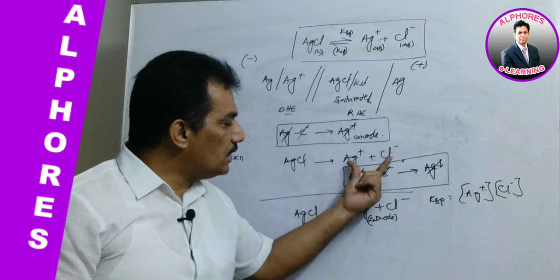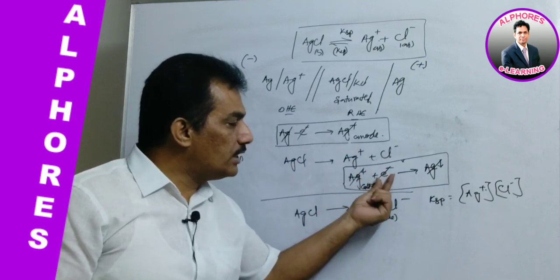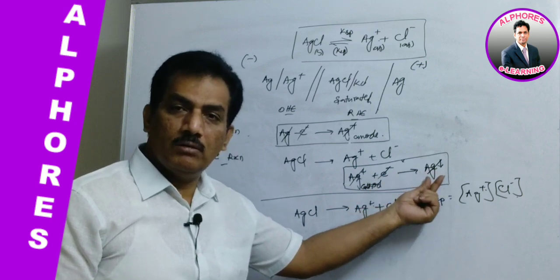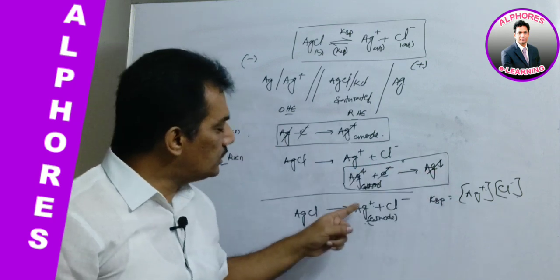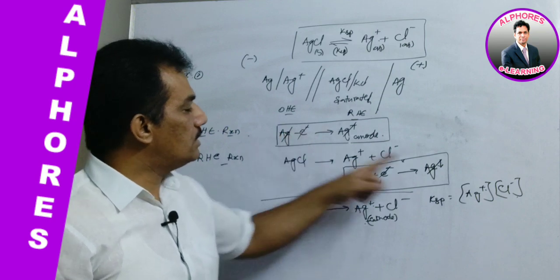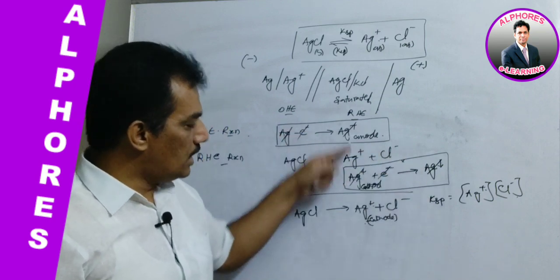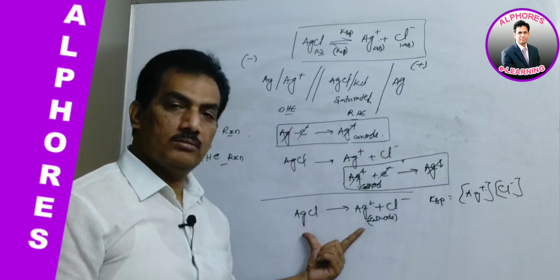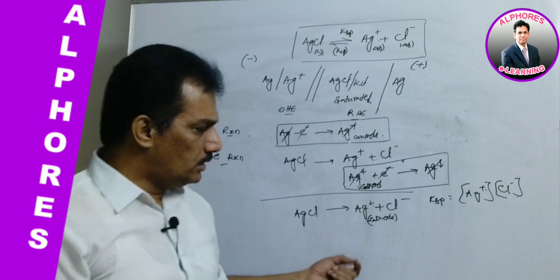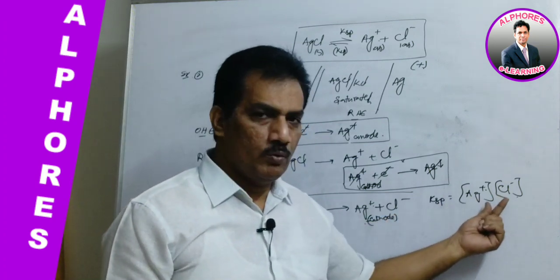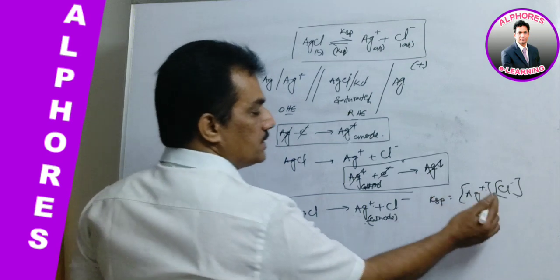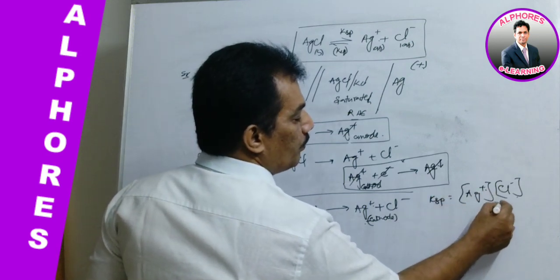When it splits like this, Ag plus is now getting an electron and deposited as silver. When we consider the total reaction, this Ag and this cancel, electrons cancel, ions cancel, and now we get this, which is what we require. It is nothing but KSP is these two. And what is this Ag plus? It is from the cathode.